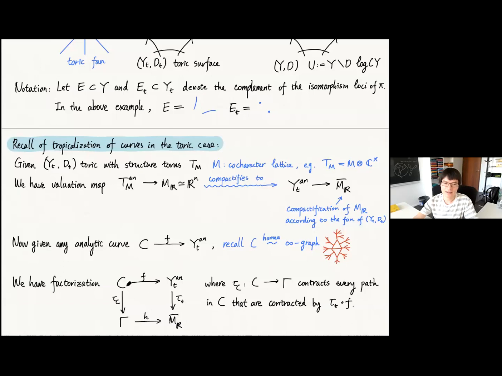This map may contract infinitely many things inside this infinite graph, so we just contract them all. We factor this map through gamma, where we contract all the paths that are contracted by the composition, and it factorizes like this. We make h an immersion.